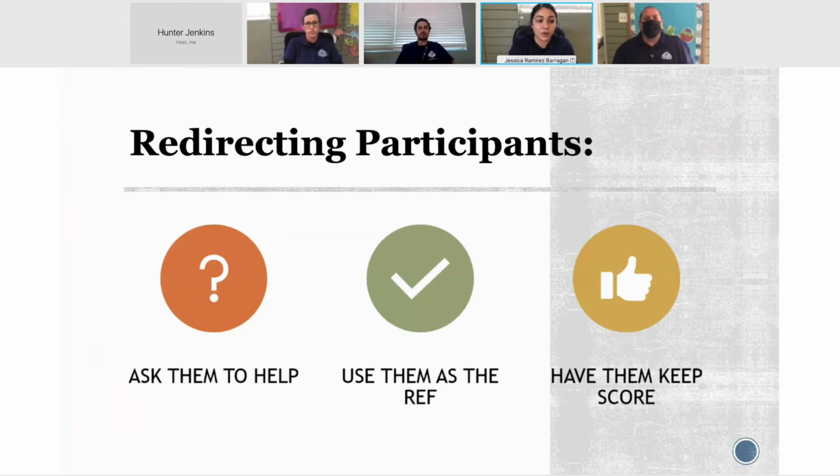Because I know that they're older and able to write and draw, I'll have both of them be team captains, and then they can teach the younger kids how to play a specific game, or I'll have them keep score on the whiteboard or erase on the whiteboard. Just like that, they'll be my helper. I have them involved, and now my other 10 kids are out playing the game.